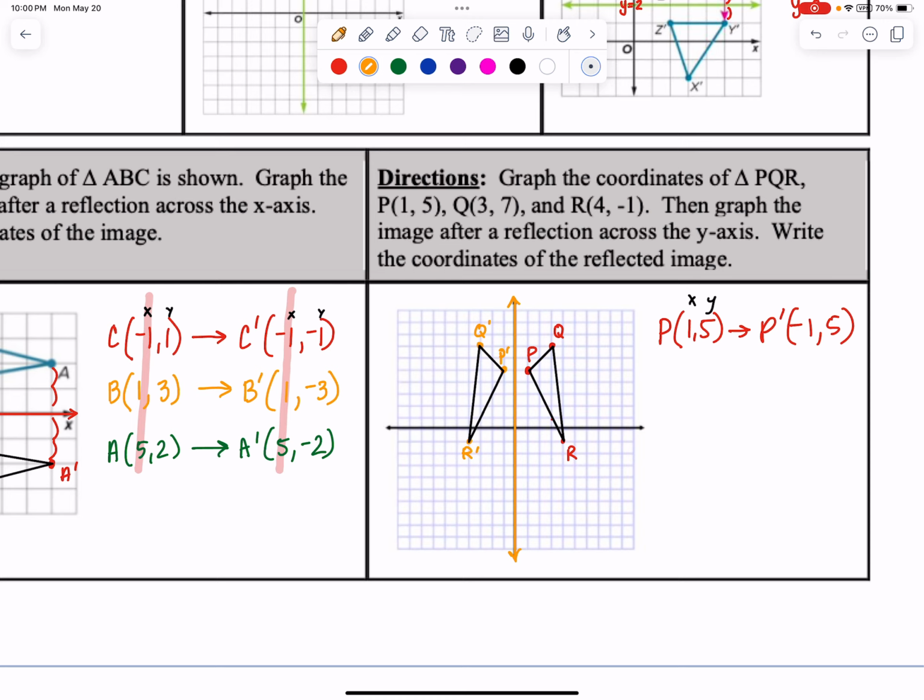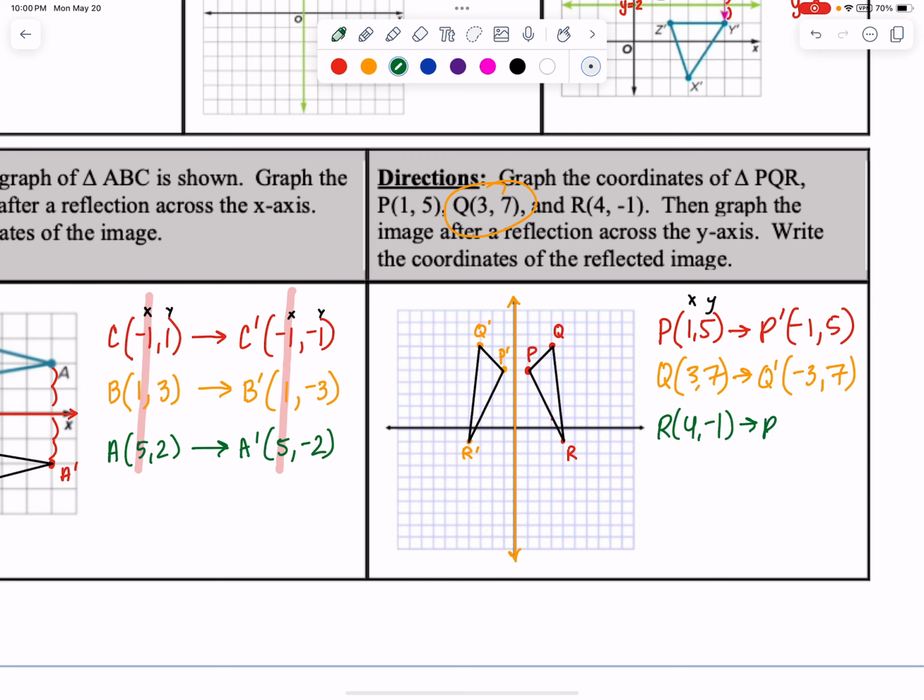All right, so let's go ahead and do Q now. So Q originally, we can just look up at the top here, was 3, 7. And we are reflecting it to Q prime, which is -3 now, but still +7. So what's changing? What's staying the same? Okay, and then our last one was R. It was 4, -1.